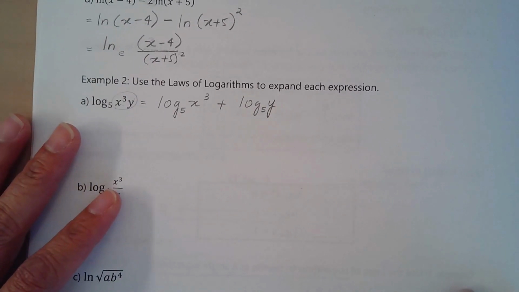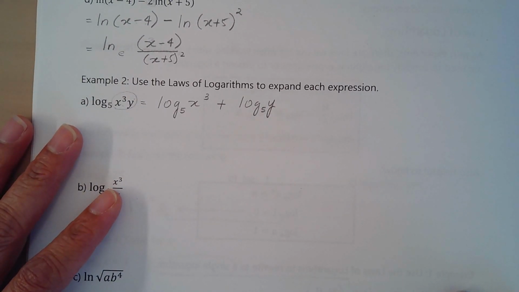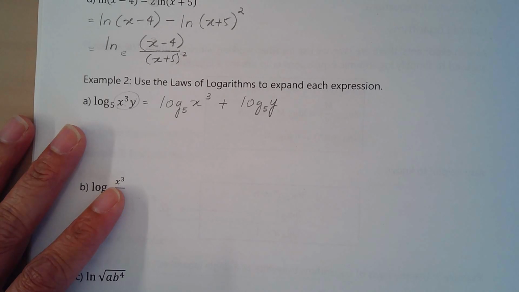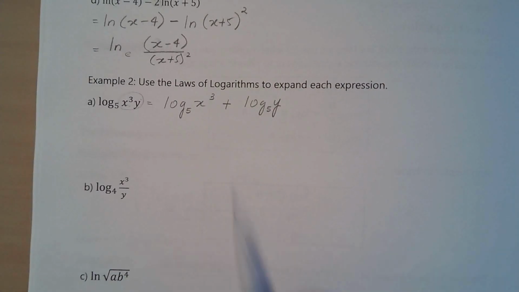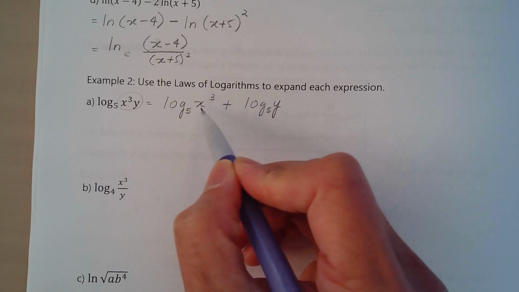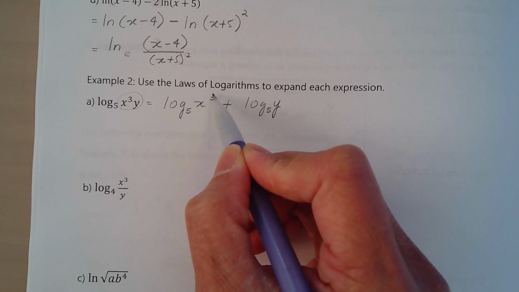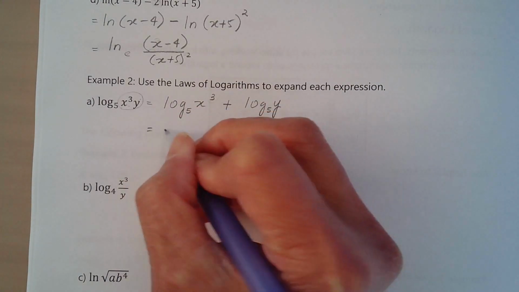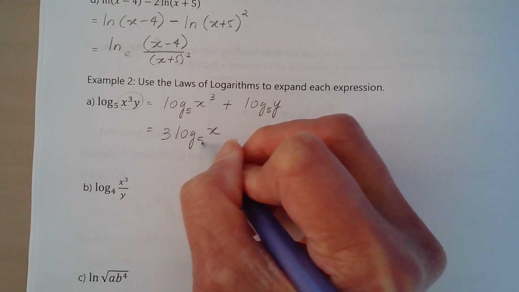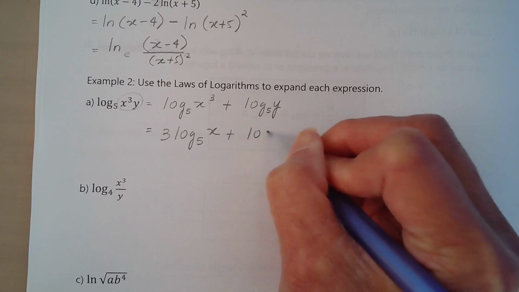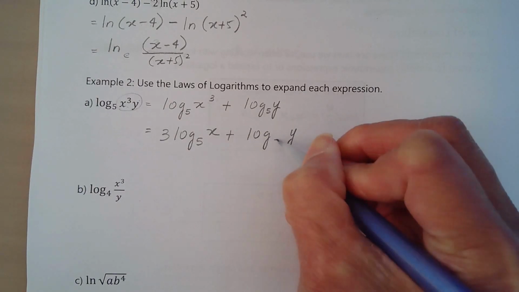Would we write it as 3 log base 5 x? Yes, we will. I'm not quite done. Yeah, so that's just splitting it up, right? And then here, the exponent 3 will become 3 log of x base 5 plus log of y base 5.